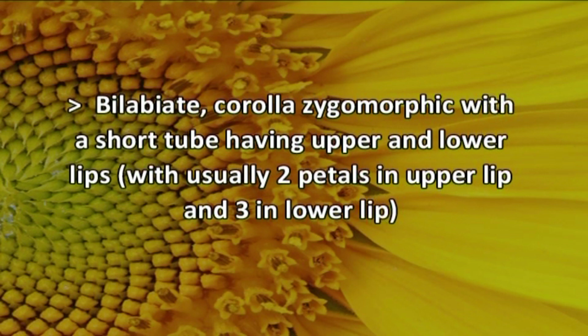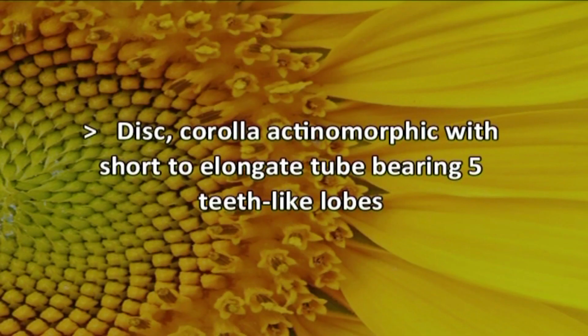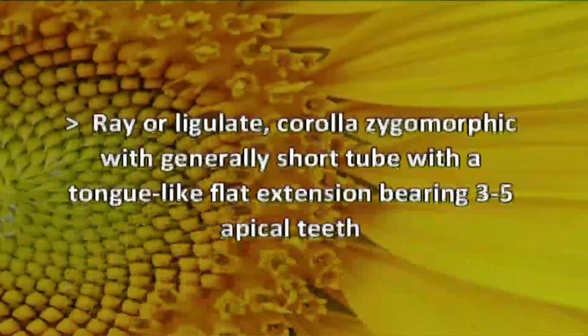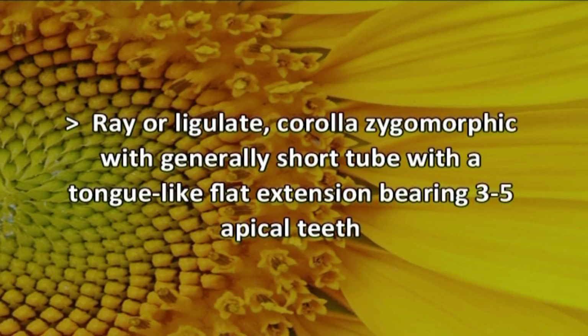The second type of corolla that we see in Asteraceae is disc, where the corolla is actinomorphic with a short to elongate tube bearing 5 teeth-like lobes. The third type of corolla is called ray or ligulate. Here, the corolla is zygomorphic with a generally short tube with a tongue-like flat extension bearing 3 to 5 apical teeth.